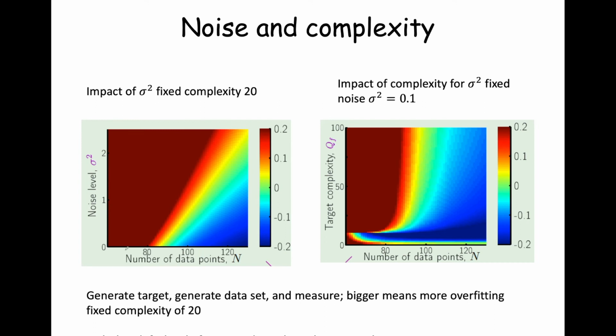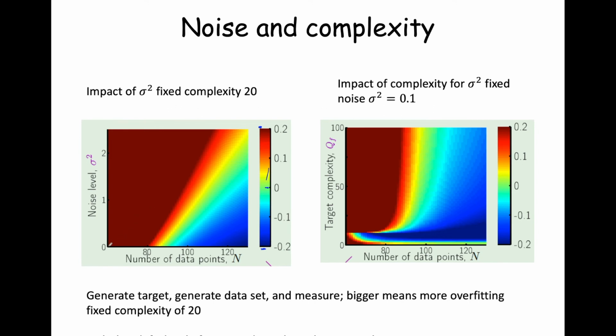Along the horizontal axis, we have the number of data points, our data set size, and on the vertical axis, we have the noise level. If E out of G10 minus E out of G2 is positive, we're closer to red up here. If it's 0, we're at green. And if it's negative, we're blue. So it's kind of heat mapped. Let's see what happens here.